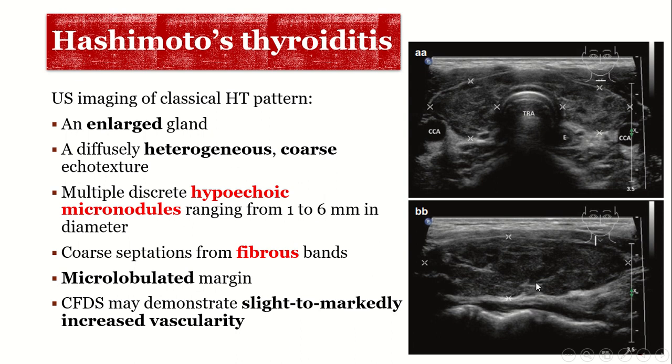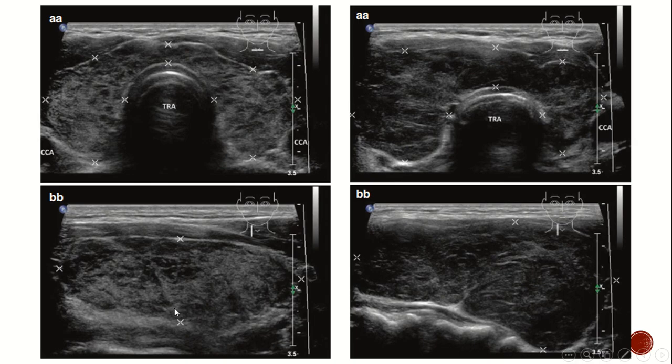The color flow Doppler may demonstrate slightly to markedly increased vascularity. This is an example of Hashimoto thyroiditis, and as we see here, these are the micronodules, and this is the fibrous septa here.